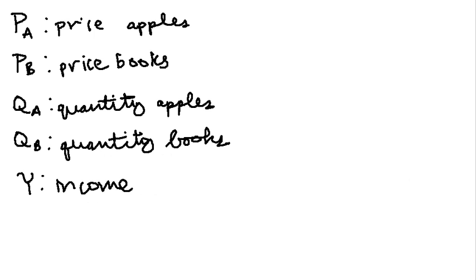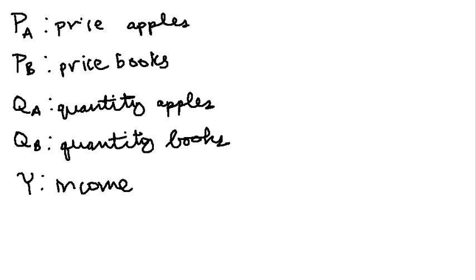I want you to write the equation that describes the budget line for apples and books, but I want the equation to have Y, income, alone on one side of the equation. Secondly, I want you to write the same equation again, but have it in point-slope form that we just discussed. So pause here and try to think of what these equations are.